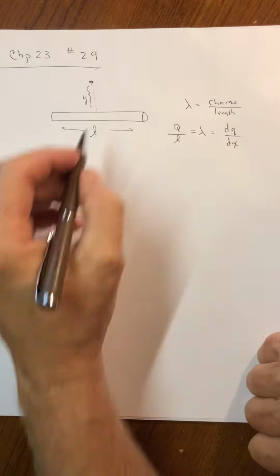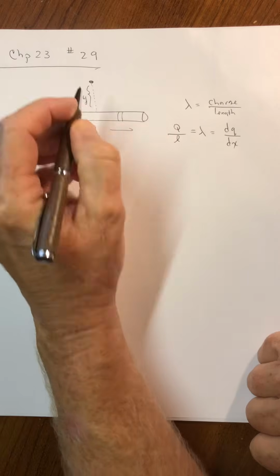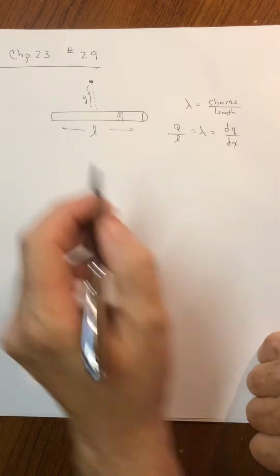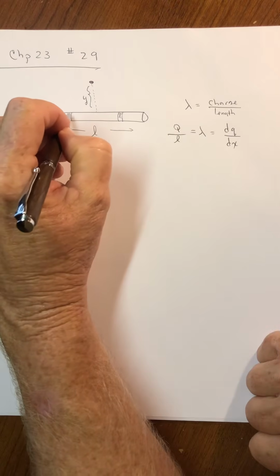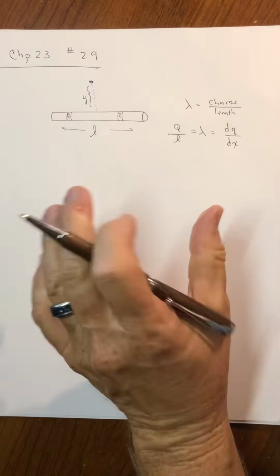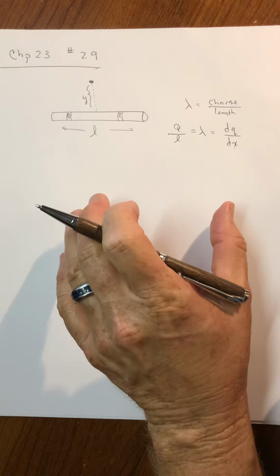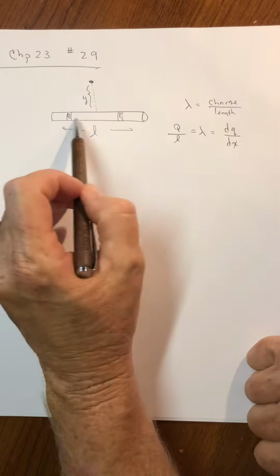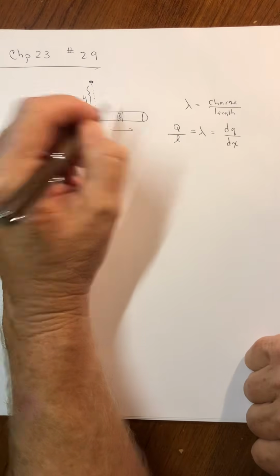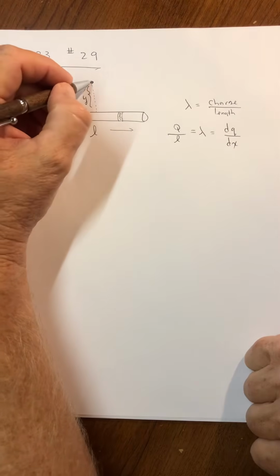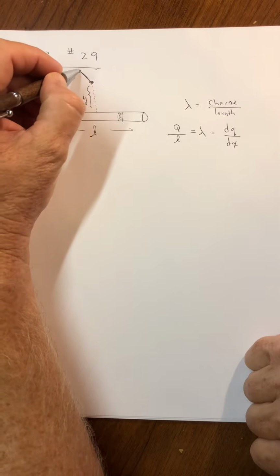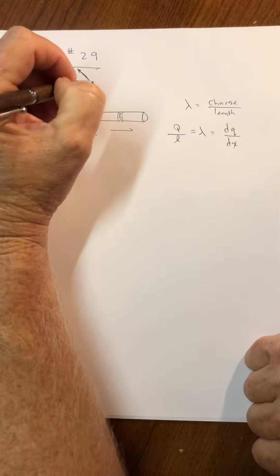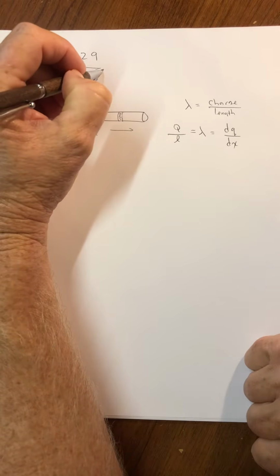And so in this case, if I were to take a small piece of the rod here, maybe this little piece right there, but what I like to call its symmetric twin over here, and you look at the electric field that is created by just those two pieces, so not necessarily yet the whole rod, the electric field from this little piece would be something like that, and the electric field from this little piece would be something like that.